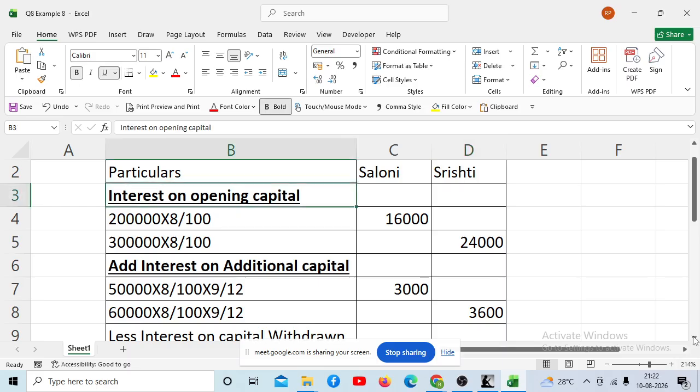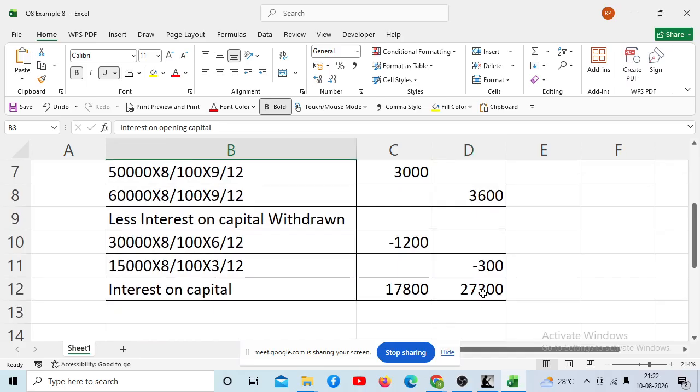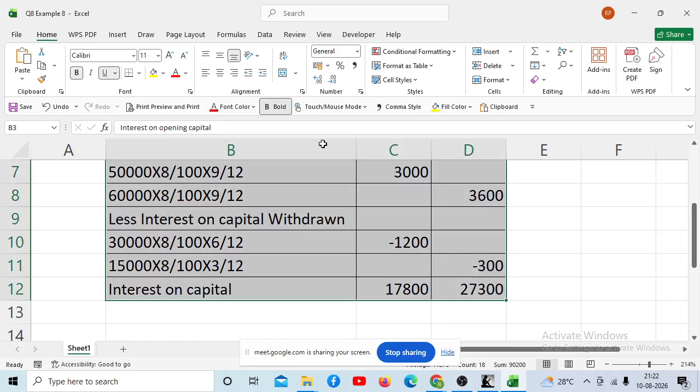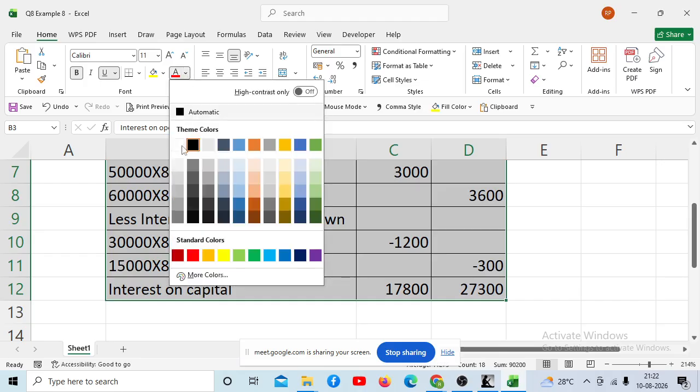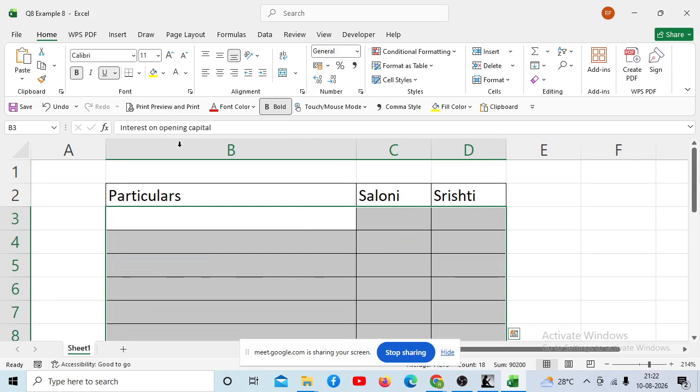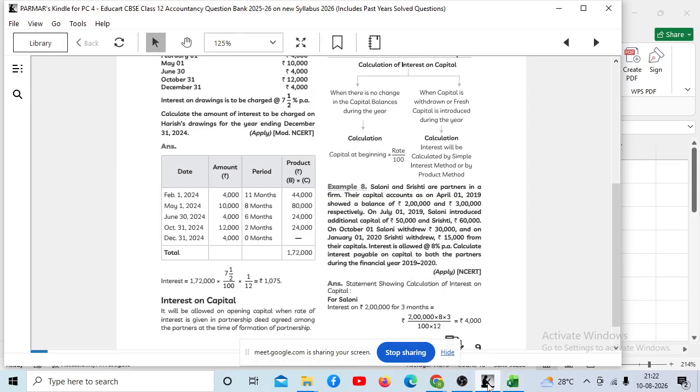Particulars, Saloni and Srishti. These are the columns you will be drawing. Now let us move to the question.